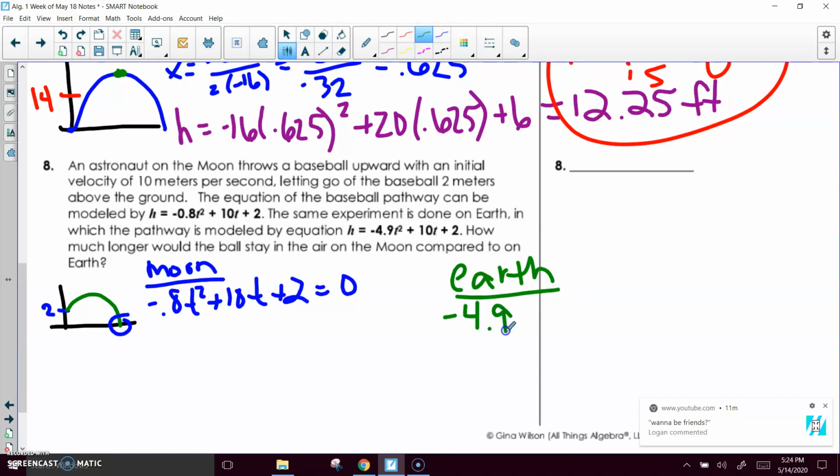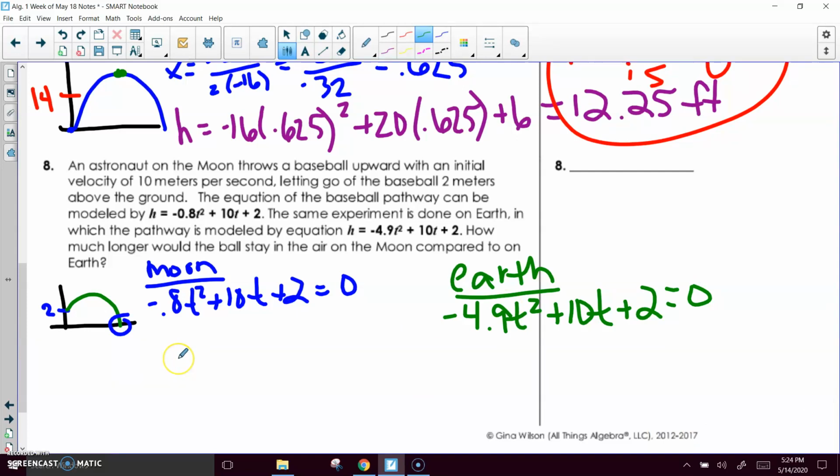When does my equation equal 0? In order to solve these, we are going to use the quadratic formula. So we've got two separate parts here. I'm going to work through the moon with you on the quadratic formula, and then I'm going to have you work through the Earth part.